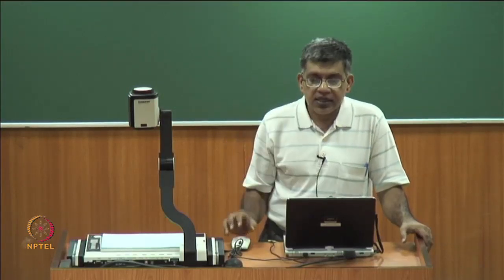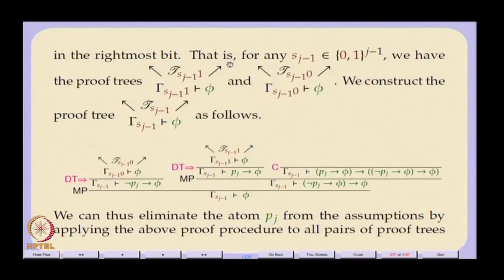So, starting from any proof tree T S j, you take S j minus 1 0 and S j minus 1 1. You have got proof trees T S j minus 1 0 and T S j minus 1 1, which prove phi from the assumptions gamma S j minus 1 1 and from gamma S j minus 1 0, right.